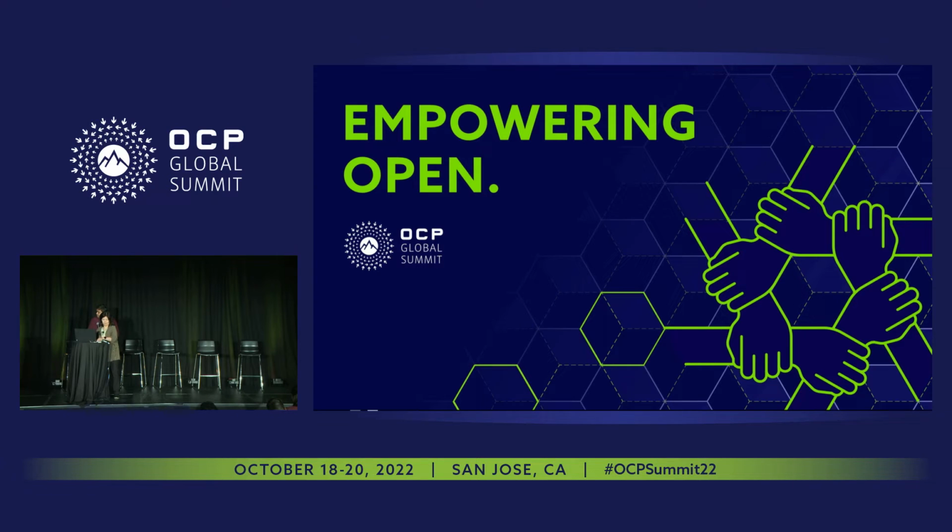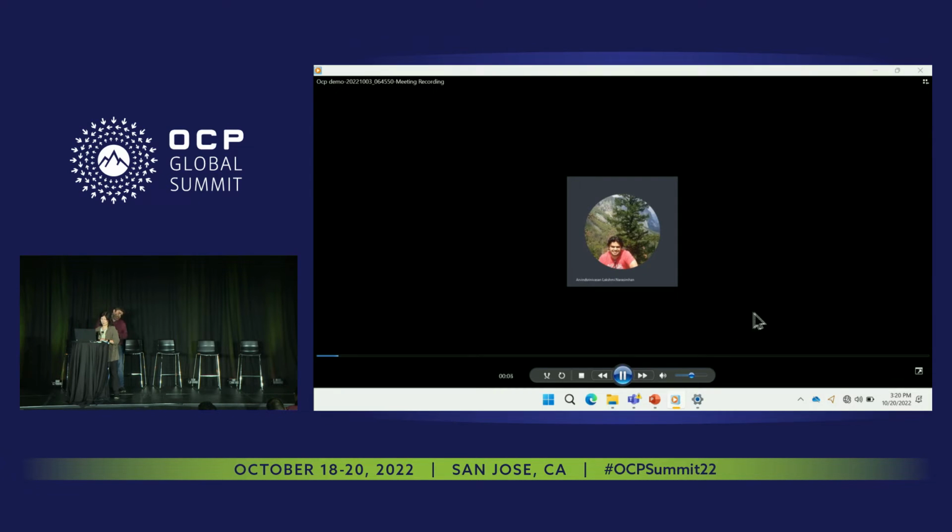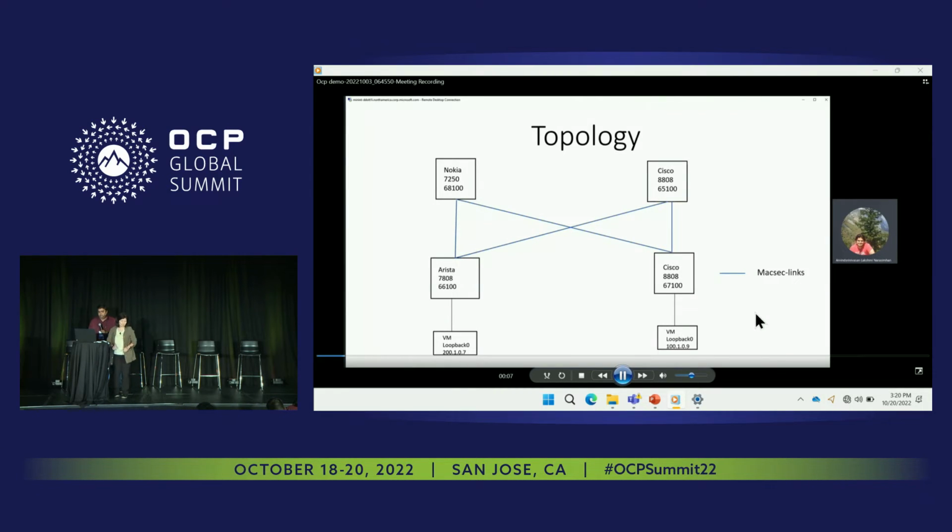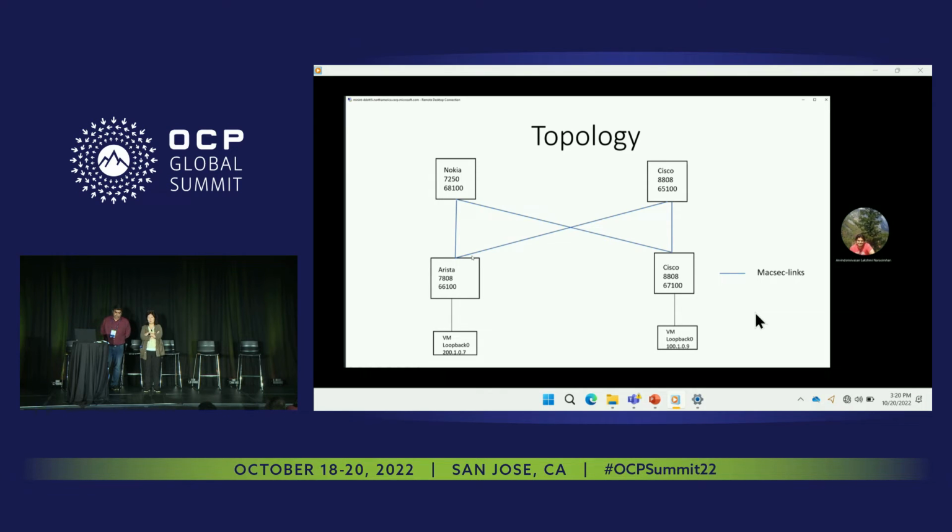Hello everyone. Today I'll give a short demo of the working of SONiC chassis on different hardware SKUs from Arista, Cisco and Nokia respectively. So in this demo chassis, we have four SONiC demo topology. We have four SONiC chassis. They're connected on a combination of 100 and 400 gig links.